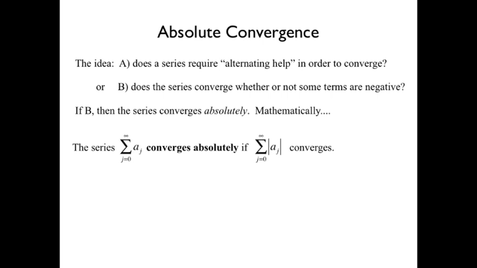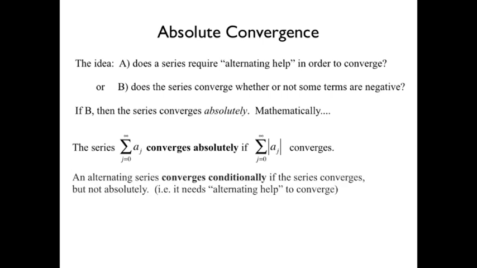Does the idea make sense? Concept? Okay, so the ones that do need help, or else they won't converge, are called conditionally convergent. An alternating series converges conditionally if the series converges, but not absolutely, meaning it needs the alternating help.